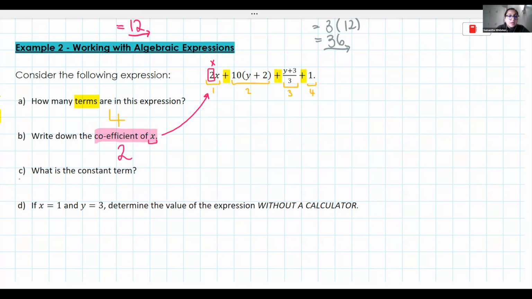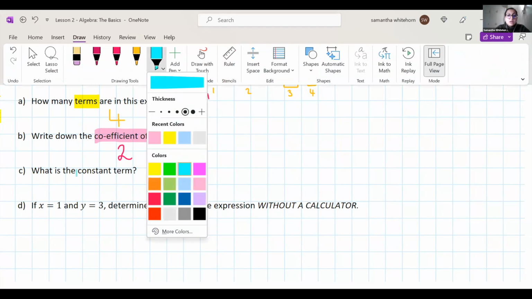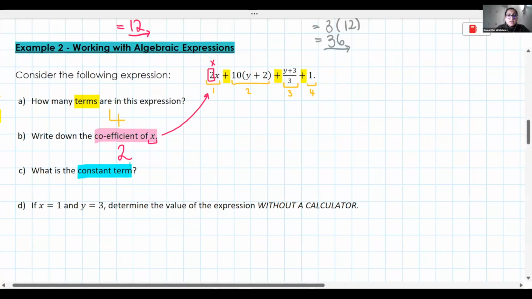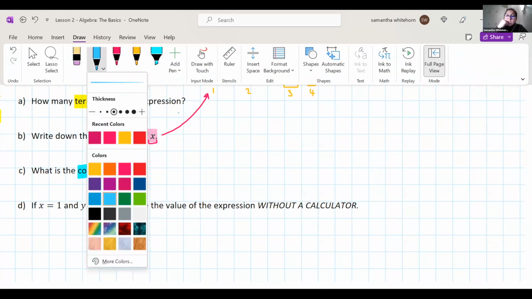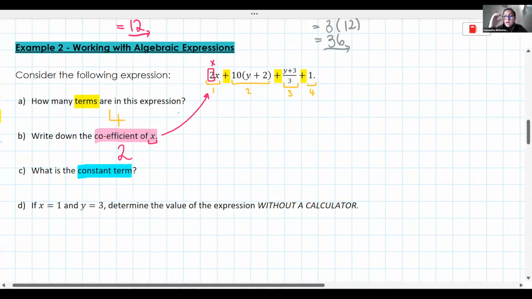Doesn't matter. Right, the next one that we'd like to ask you is, what is your constant term? So again, hands up. Who can tell me what a constant is? Chantal? Ma'am, a constant is a term that will never change. Good. Okay, so how would we identify a constant term in an expression? What would we look out for? Ma'am, it doesn't have a variable. Excellent.